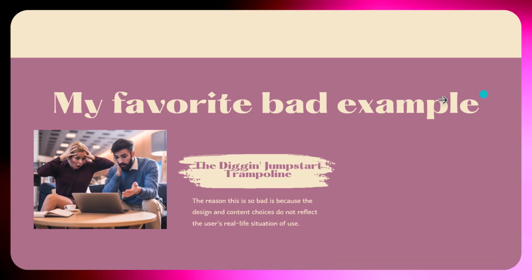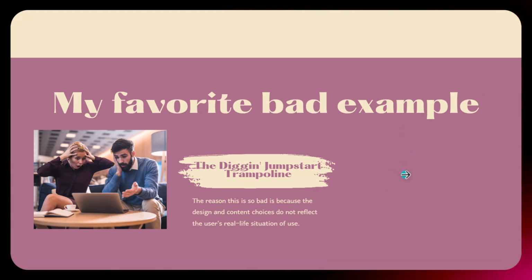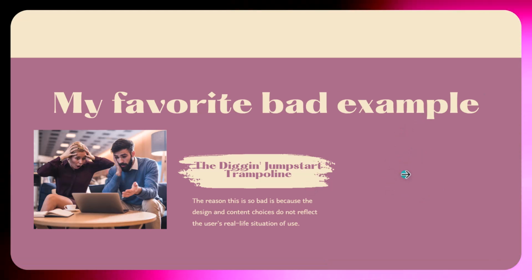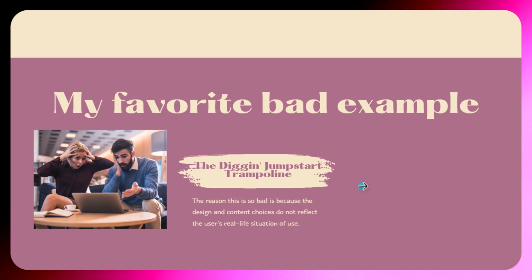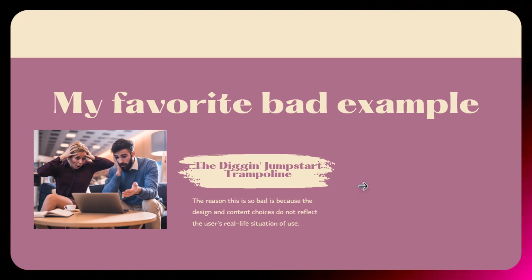So one of my favorite bad examples that I have used in the past as really terrible instructions is called the Dig and Jump Start Trampoline. Now it's hard to find nowadays on the interweb, but it was a really terrible set of instructions that was really, really poorly designed.